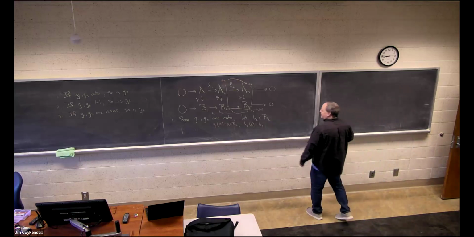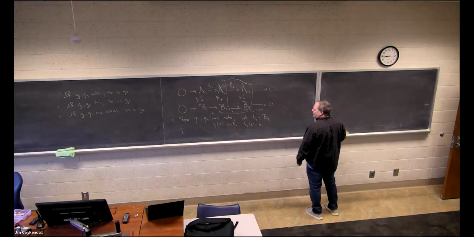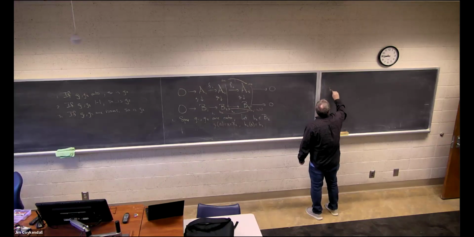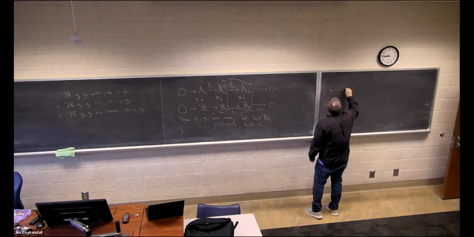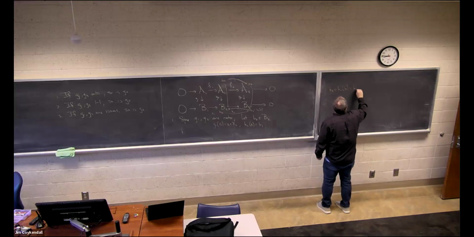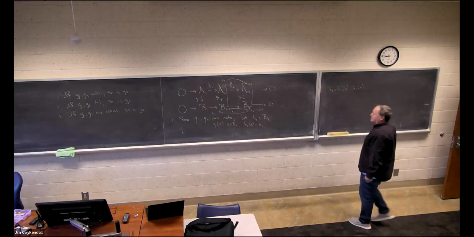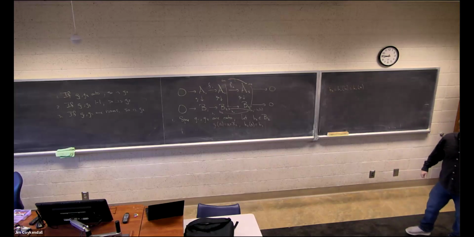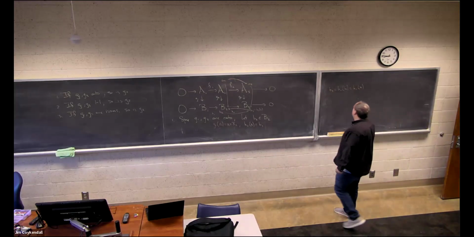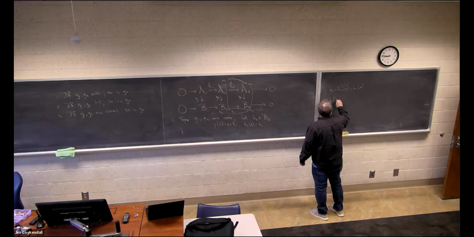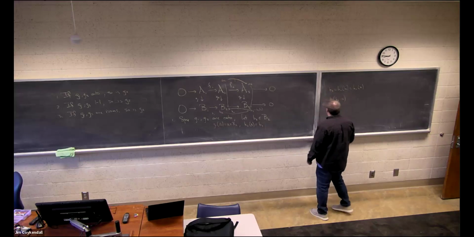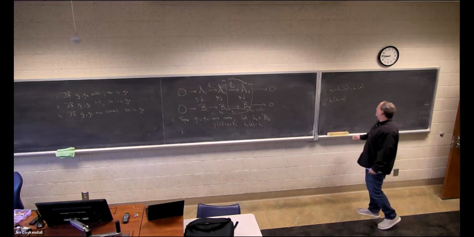Let me ask you this. B3 is H2 of B2, and it's also H2 of X. Right? So what is H2 of B2 minus X? It's 0.